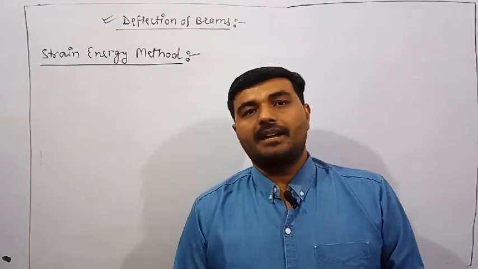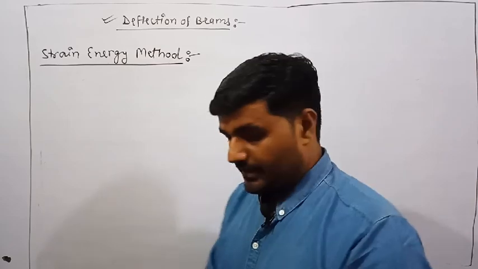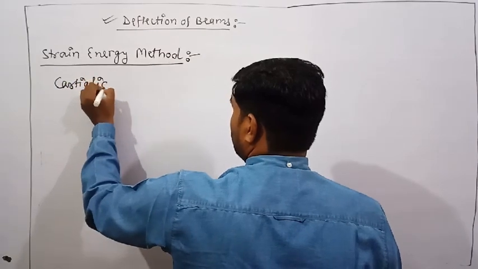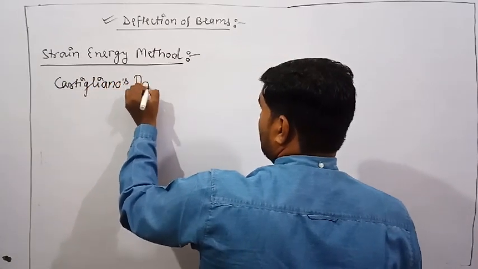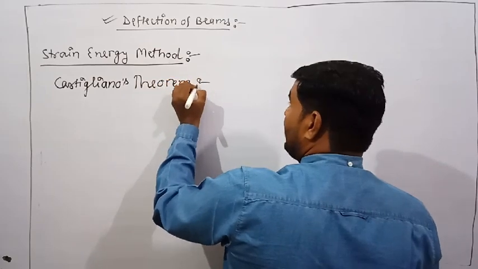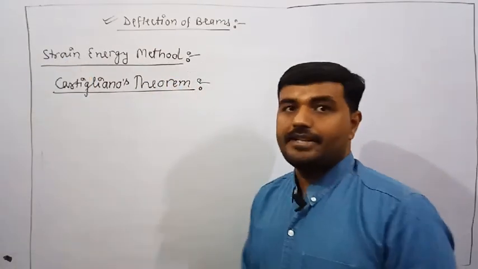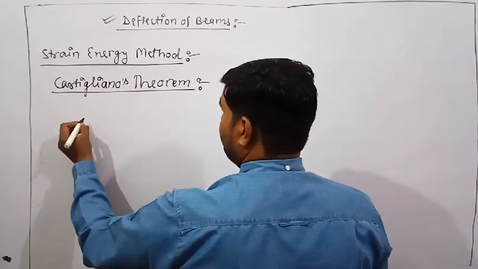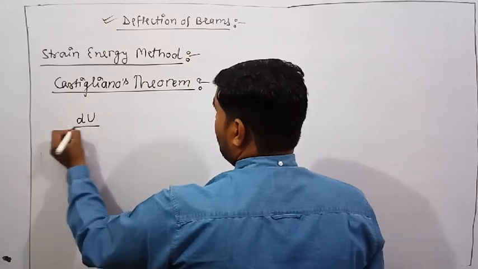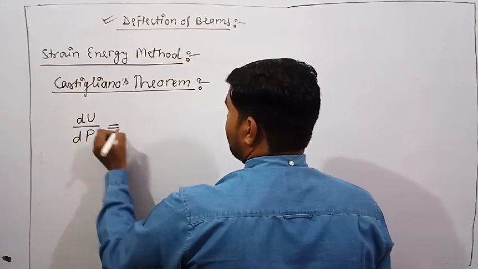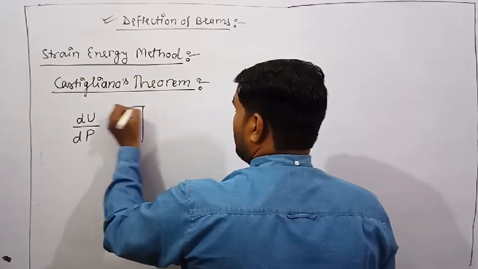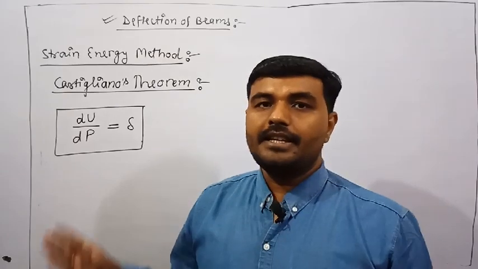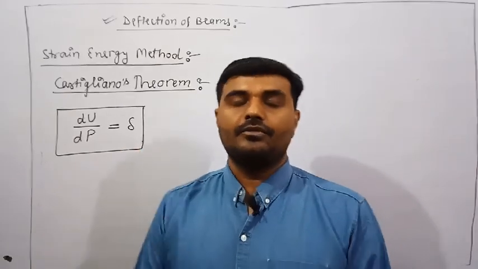Before applying the strain energy method, there is a theorem. Castigliano's theorem. Which theorem, students? Castigliano's theorem. According to this theorem, the rate of change in strain energy with respect to load gives the component of deflection in the direction of force applied.